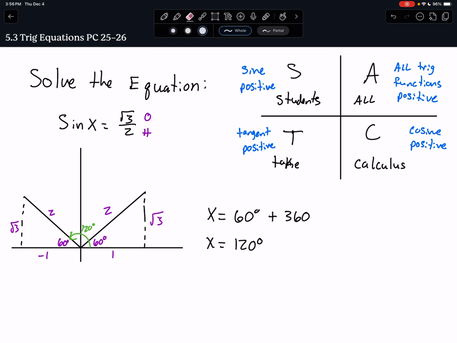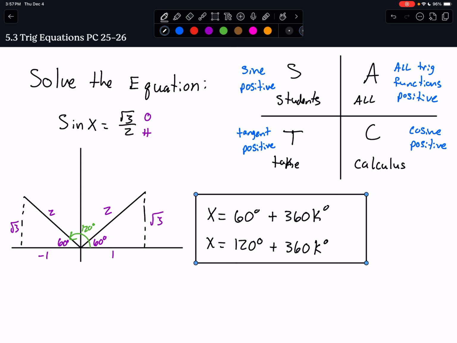It actually doesn't matter where you write the degree symbol. I don't like how that looks, so I'm going to write it this way. And so I'm going to put plus 360k on this one as well. That's going to be my final answer for all solutions. And that k right there is just representing an integer.